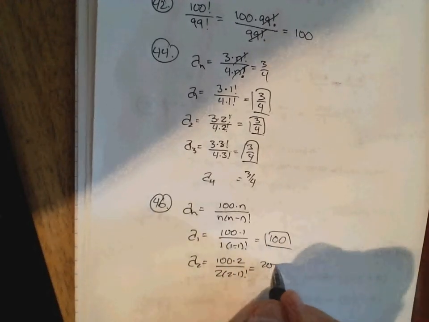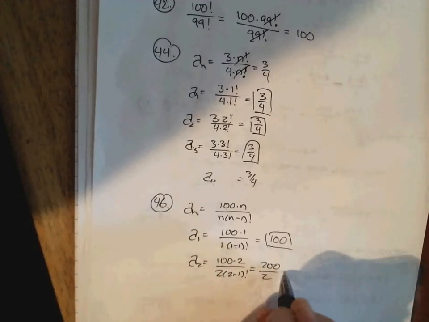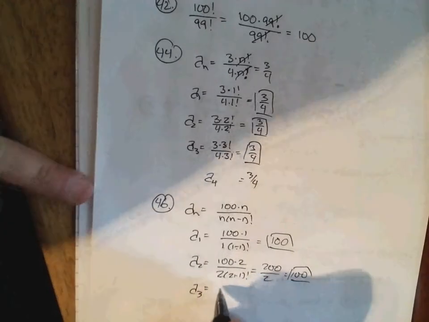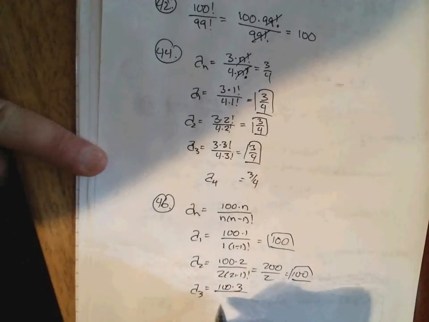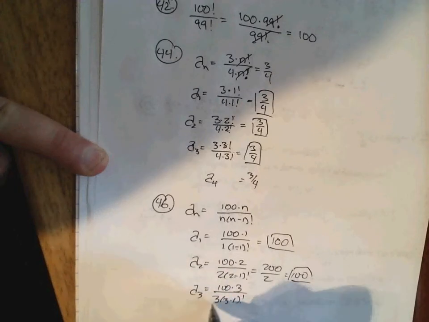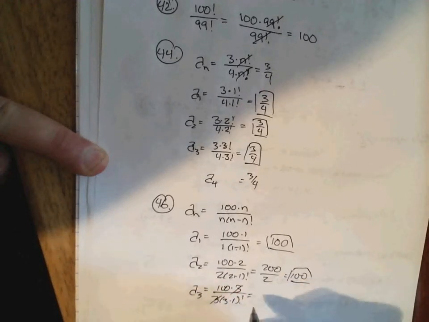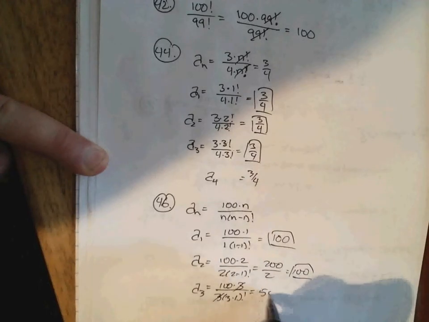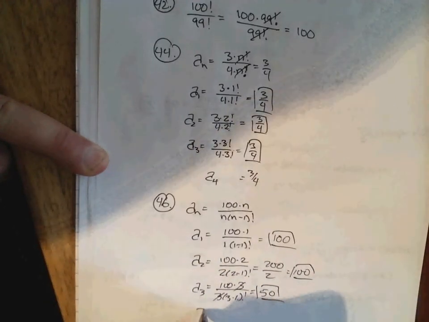A sub 2, 100 times 2 over 2 times 2 minus 1 factorial. So that's 200 over 2 times 1, or 2. You get 100 again. A sub 3, 100 times 3 over 3 times 3 minus 1 factorial. Okay, of course these 3's, you can think of those as just canceling, can't you?